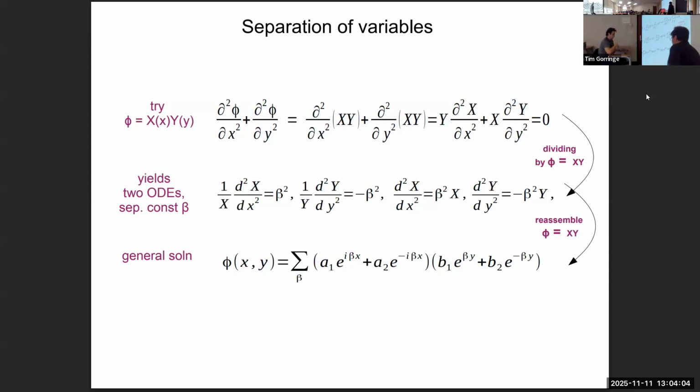The general solution to the two ordinary differential equations can be written in different forms, but I wrote them in this form here in terms of exponentials.